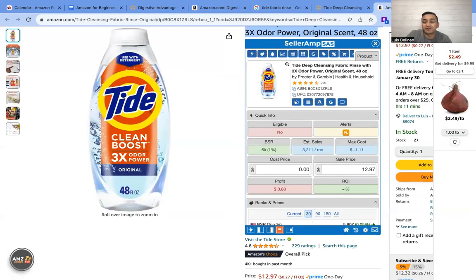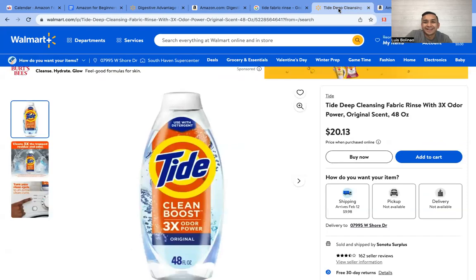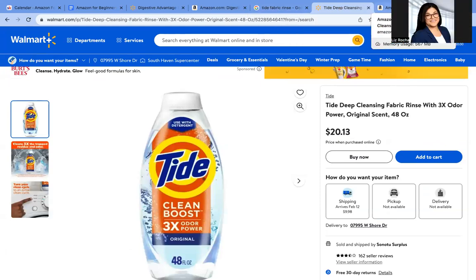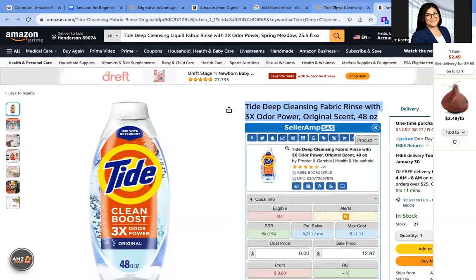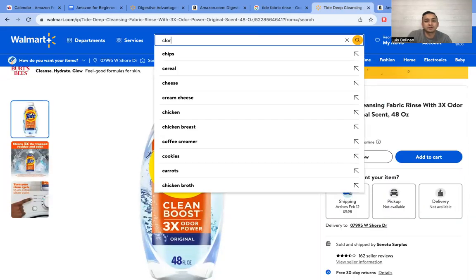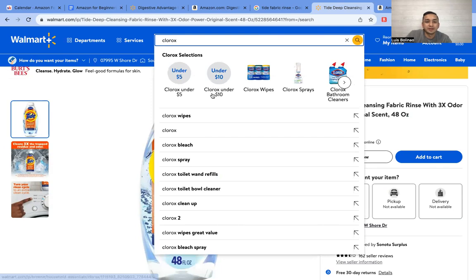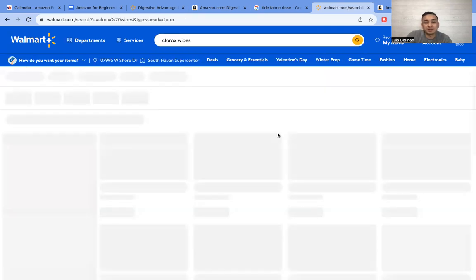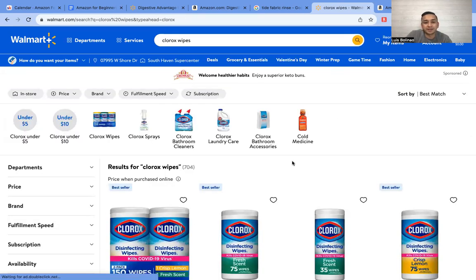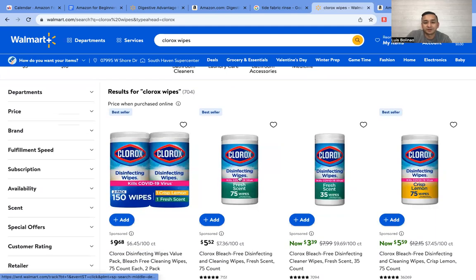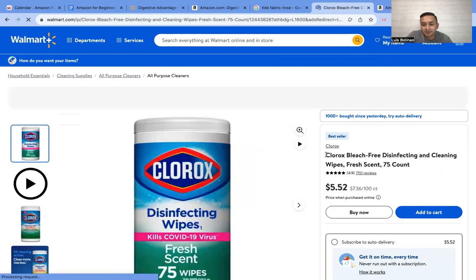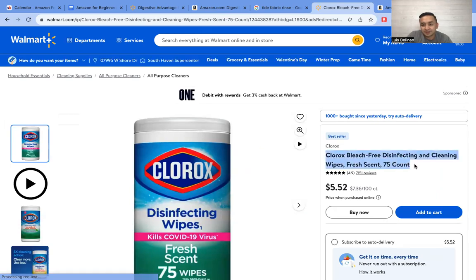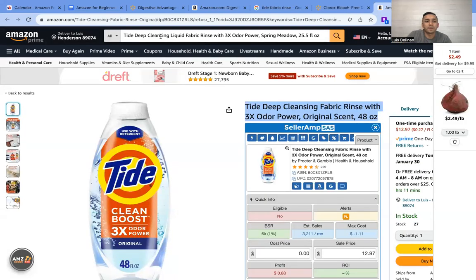I guess for the next one I can find one. Yeah, or maybe like Clorox wipes. Those are really popular, right? Everybody uses Clorox and Tide. Oh, okay. So Clorox. The thing is it can be popular, but it needs to make sense as far as the numbers. So we've got to find the exact same product. Let's see, I can find it here.